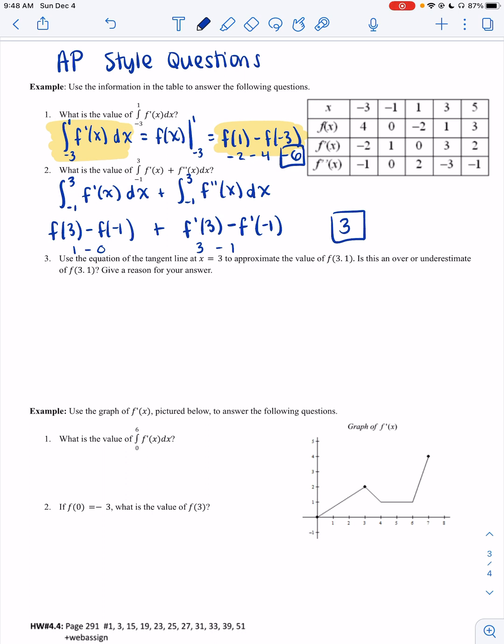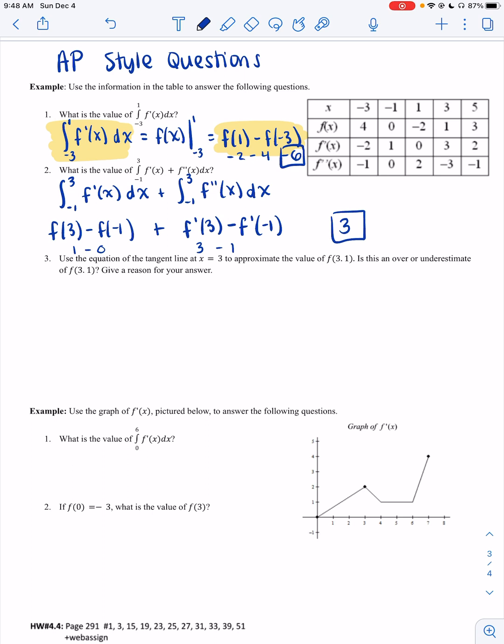Use the equation of the tangent line at x equals 3 to approximate the value of f of 3.1. Okay, this is review. We don't have 3.1 on our table, so we are going to use 3 because 3 is closest to 3.1.